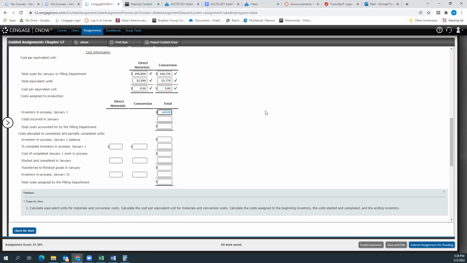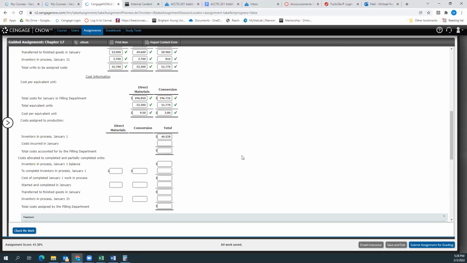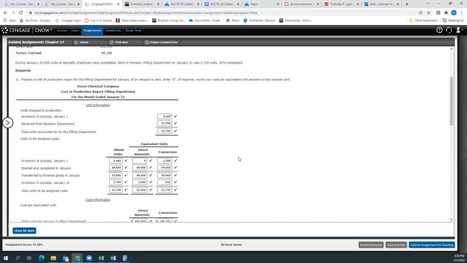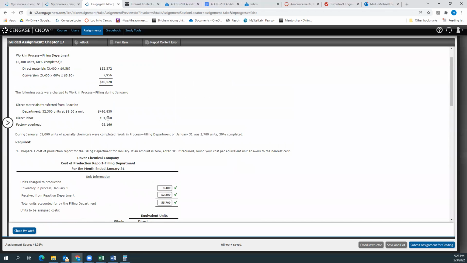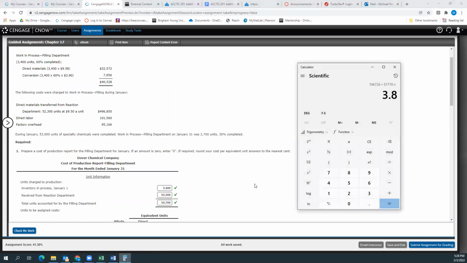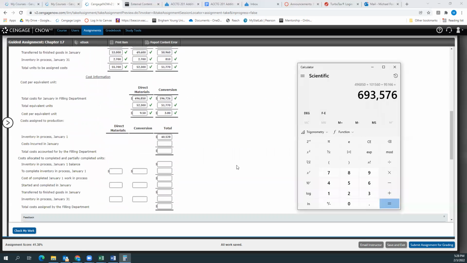And then our costs incurred during January are right here. All of these costs added up: $496,850, that was our direct materials, plus $101,560, that's our direct labor, plus $95,166, that's our factory overhead. Gives us $693,576.